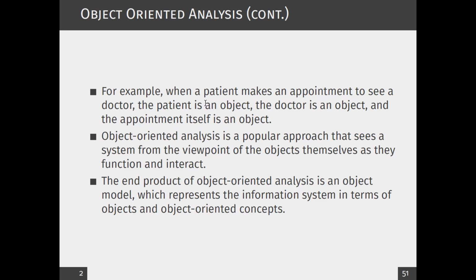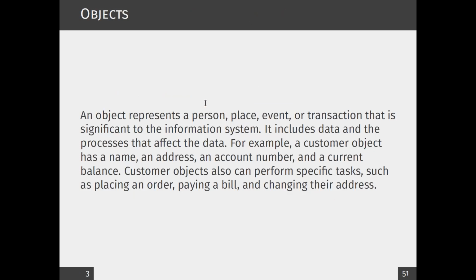Right. Now let's briefly talk about what objects are. As I told you earlier, it could be a person, a place, an event, or a transaction. What you see in an object is that it has data as well as processes.